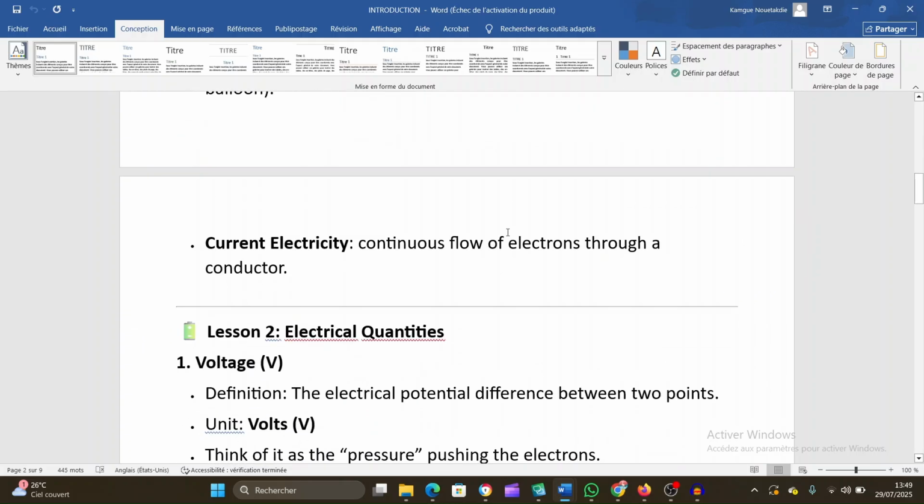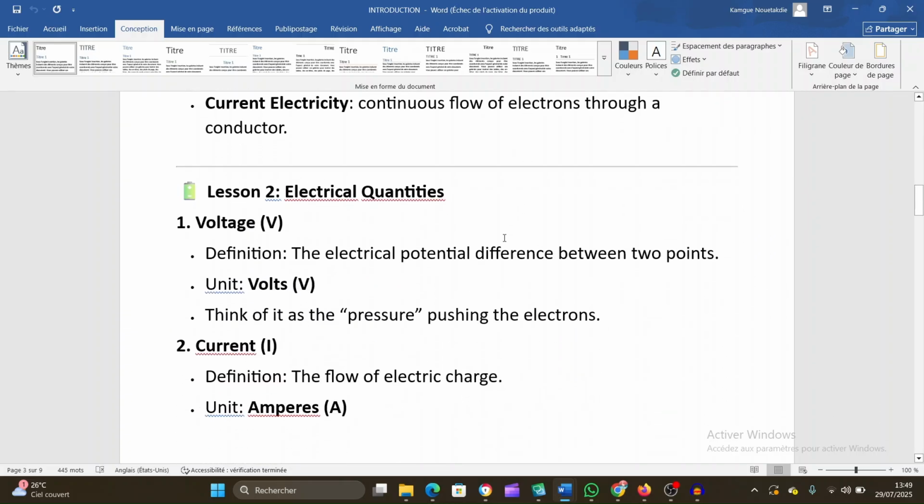The first electrical quantity that we want to talk about is voltage, and it is usually represented by the letter V. Now, what is voltage? At times you used to hear an electrician or a technician saying the voltage is very low. This bulb is not shining because the voltage is low. What is the voltage?